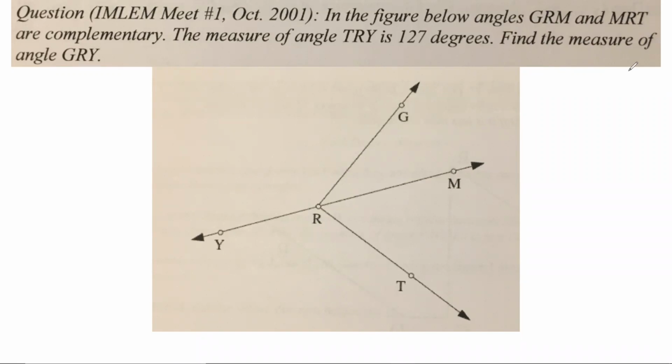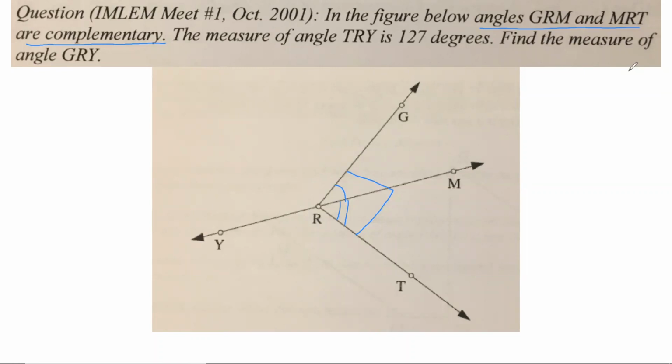Okay, let's go ahead and start this problem. A few people have answers. They say that angles GRM and MRT are complementary. If you remember, complementary means that this angle and this angle add up to 90 degrees, which means this whole thing, you can put a square here, is 90 degrees.